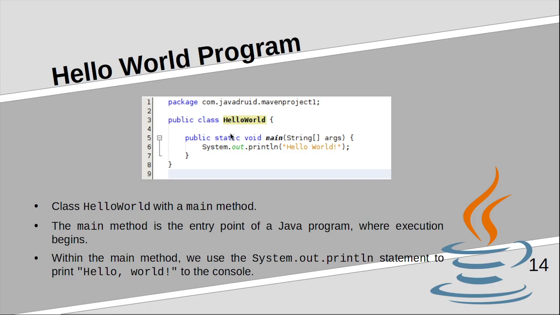Hello world is the name of the class, and as you can see, this is a C style with curly brackets. There's a lot of argument whether you put the opening bracket in the same line.